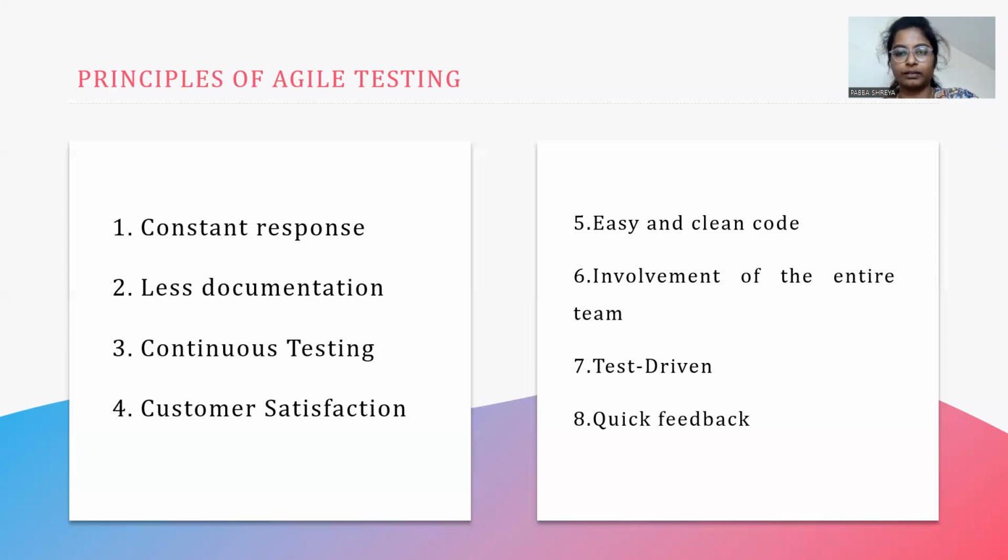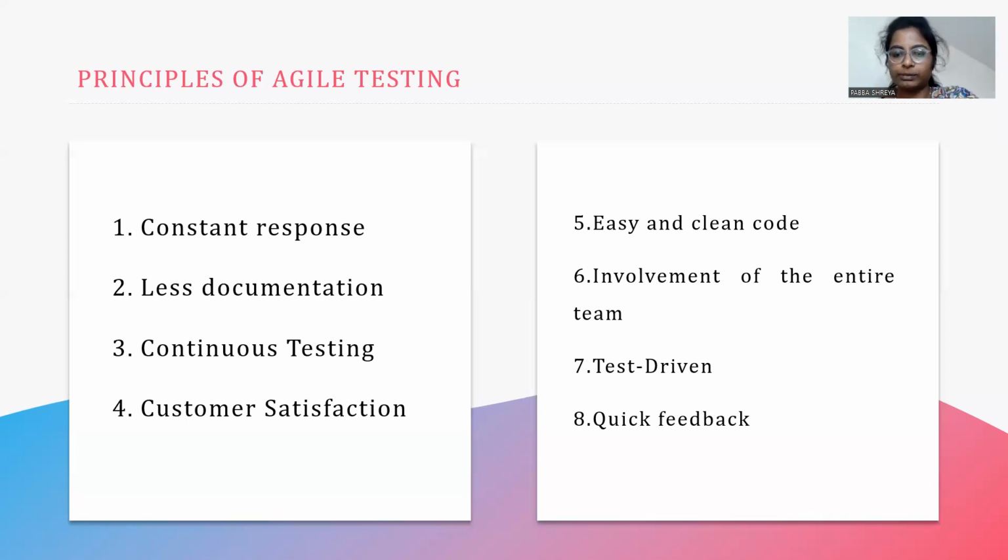Next is test driven. In this, while doing agile testing, we need to execute the testing process during the implementation, and that helps us to decrease the development time. However, in the traditional process, testing is implemented after the implementation, when the software is developed.